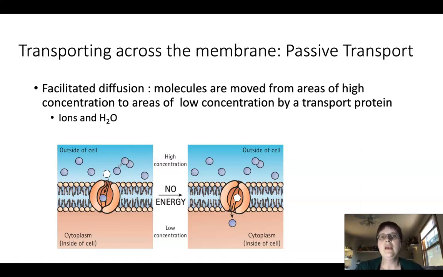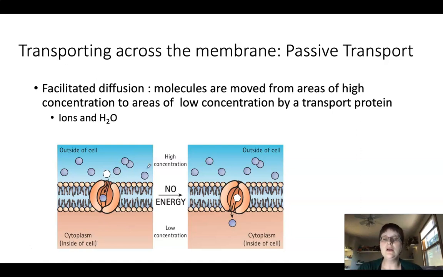They are going to be in high concentration on the outside of the cell, low concentration in this case on the inside, and it can go either way. In these pictures they're doing high and low, but it could go the other way: high concentration on the inside, low concentration on the outside. But these transport proteins, like I said, are going to work like a tunnel.